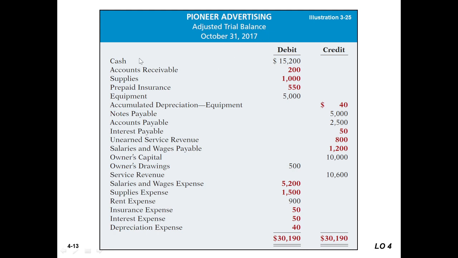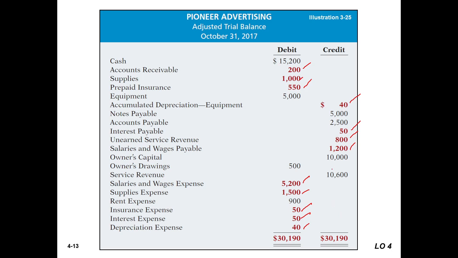Okay, so here cash, accounts receivable, and these figures are related to adjustments. That means accounts receivable, supplies, prepaid insurance, accumulated depreciation, interest payable, unearned service revenue, salaries and wages payable, and these figures are just related to our adjustments.